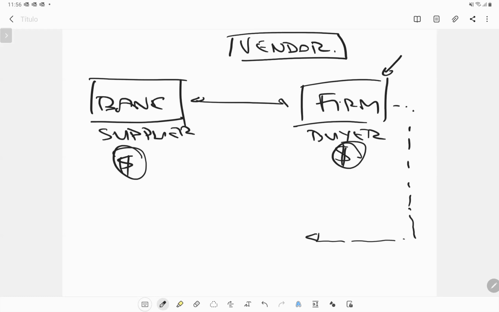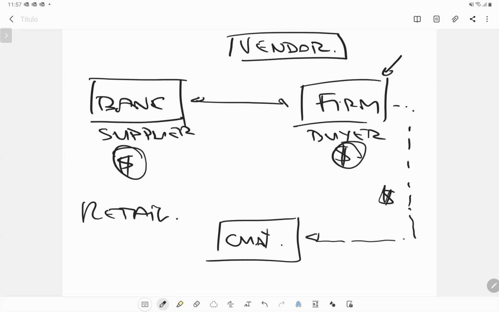Several anchor firms in Brazil, several main firms in a supply chain, try to provide financing solutions to customers. What they do basically, let's take as an example the retail industry. Let's suppose that this firm here is Carrefour.